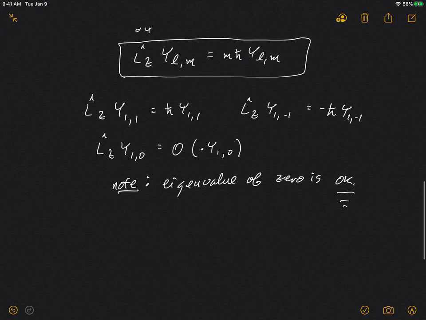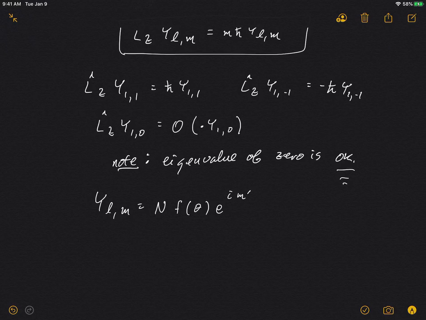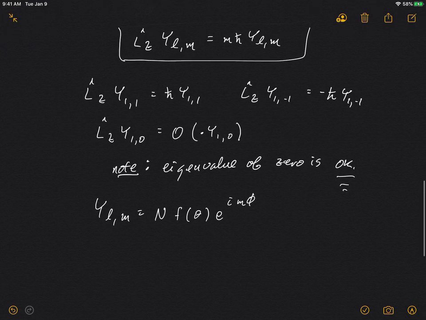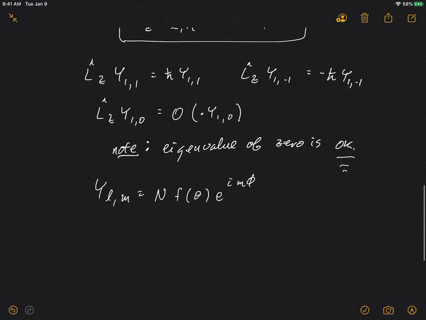Okay, so if we said that our Y_lm is some normalization constant N times f of theta times e to the i m phi, what happens to the N and the f of theta when I act the operator?